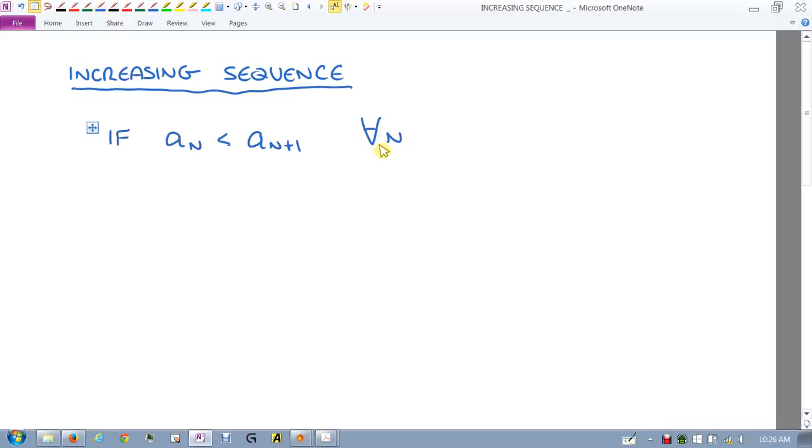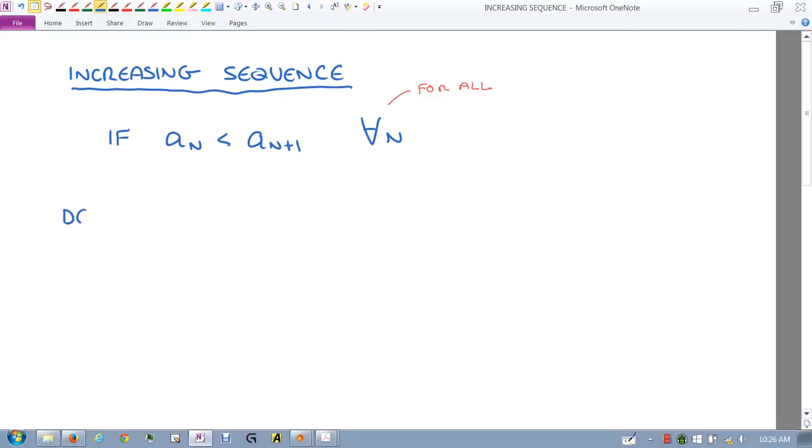That upside down capital A means for all. So an increasing sequence is one where the nth term is always smaller than the next term. The first term is smaller than the second, which is smaller than the third, which is smaller than the fourth. Reading it from left to right, these dots start going up. That's what an increasing sequence looks like.